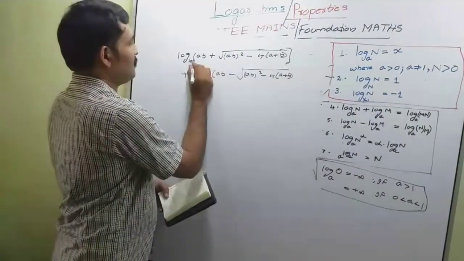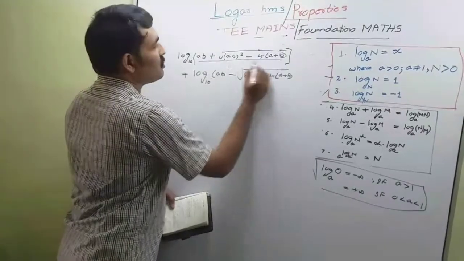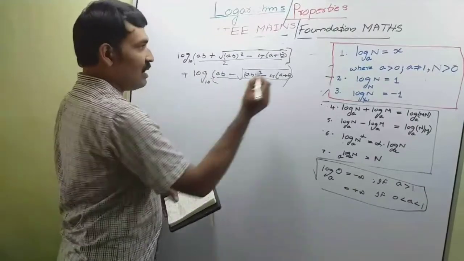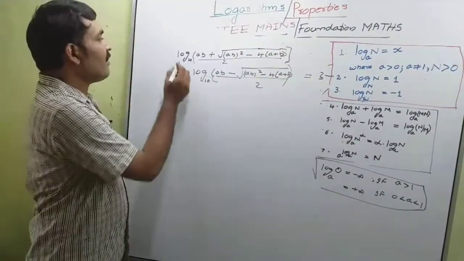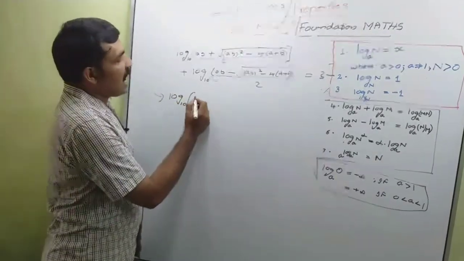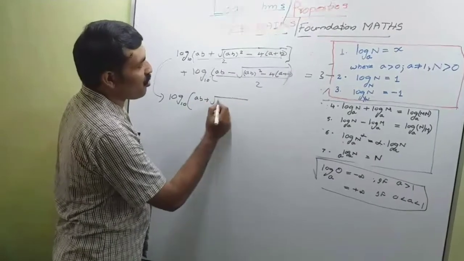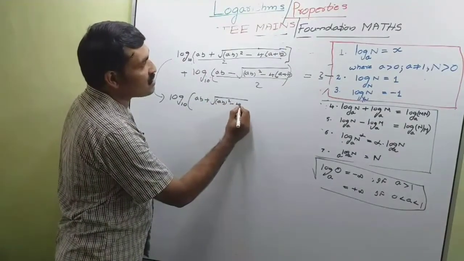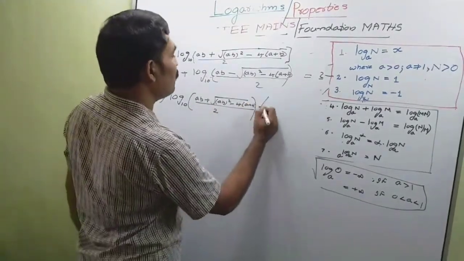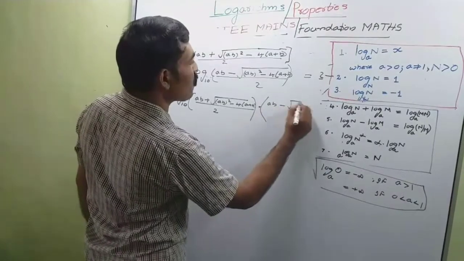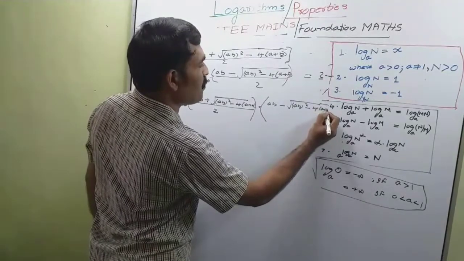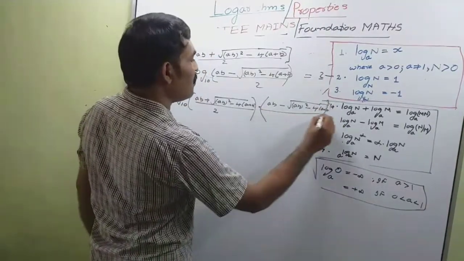This divided by 2 and this also divided by 2. Argument is divided by 2. We can write this as log base 10 of (ab plus square root of (ab) square minus 4 times (a plus b)) divided by 2, into (ab minus square root of (ab) square minus 4 times (a plus b)) divided by 2.